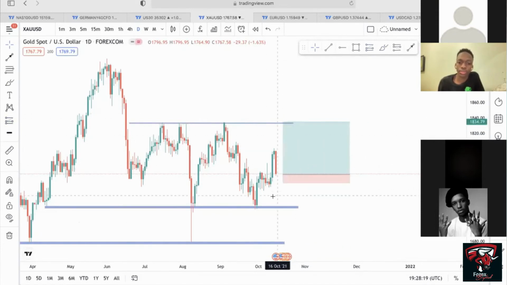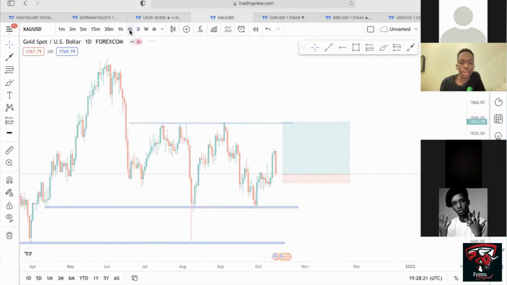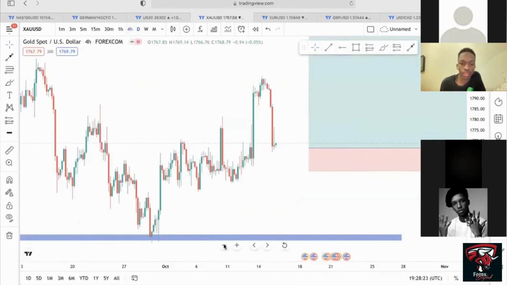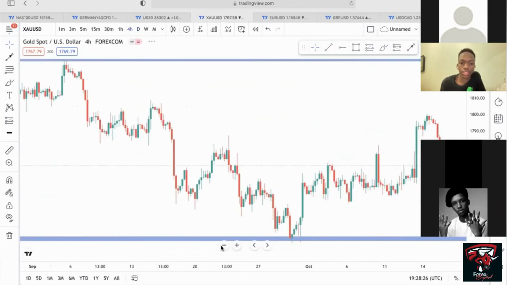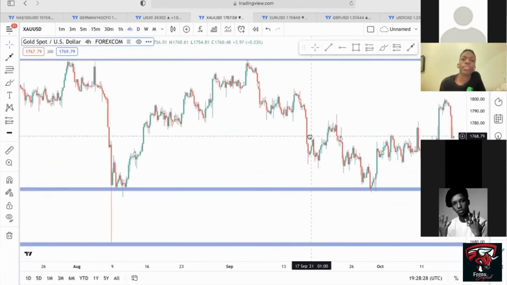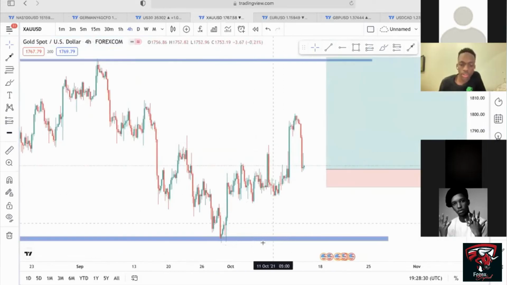All right, so let's just go down to 4 hour to draw in everything. Okay, no wait, zoom out 1, 2, 3 times, focus on current market price.